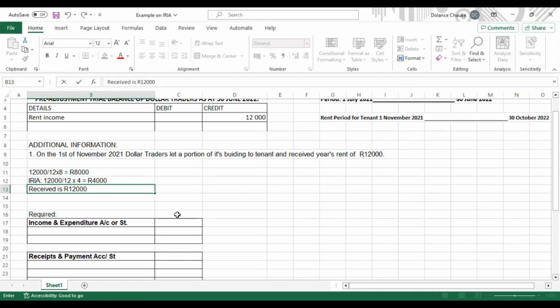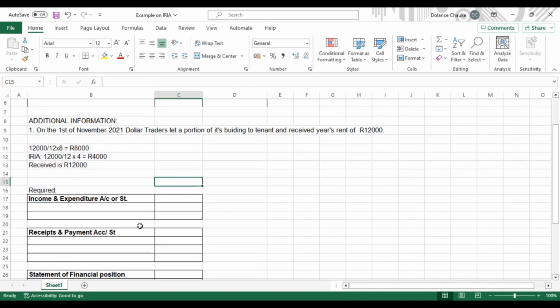When we record, we go under income and expenditure and say rent income, or you can say rent received.